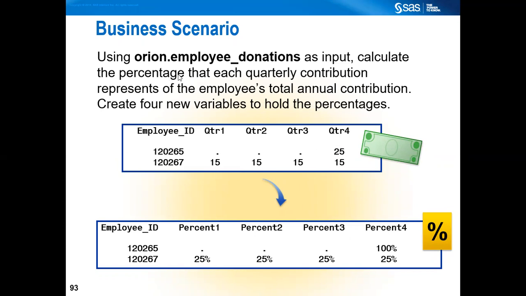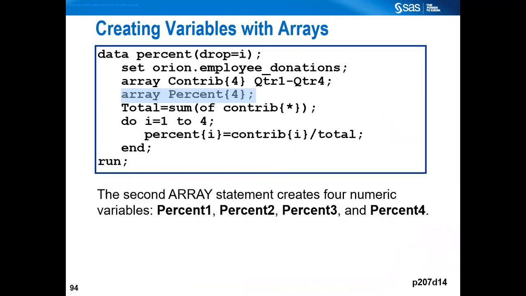We have to calculate the percentage that each quarterly contribution represents of the employee's total annual contribution. So we have to create 4 new variables, percentage 1 to percentage 4.